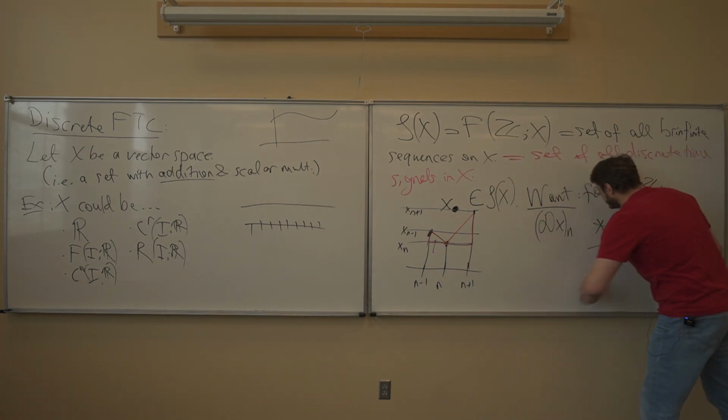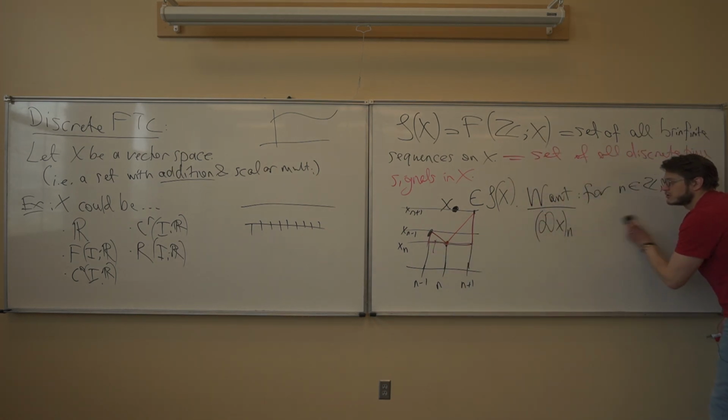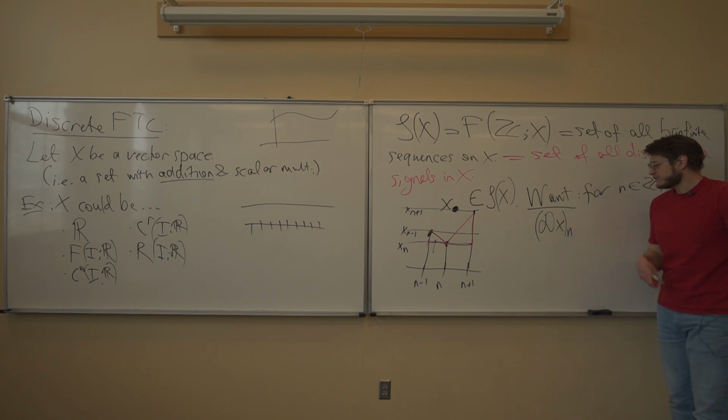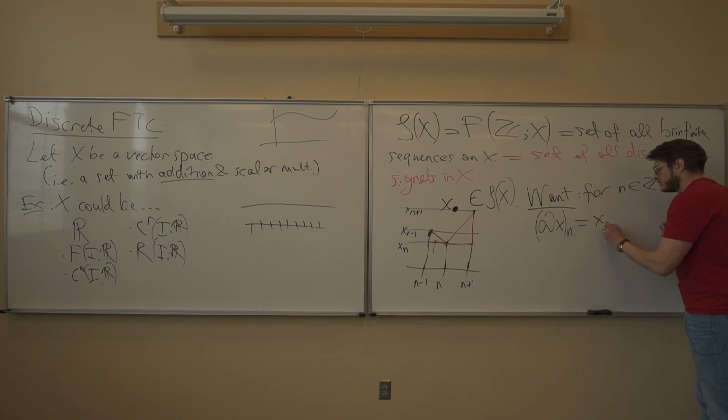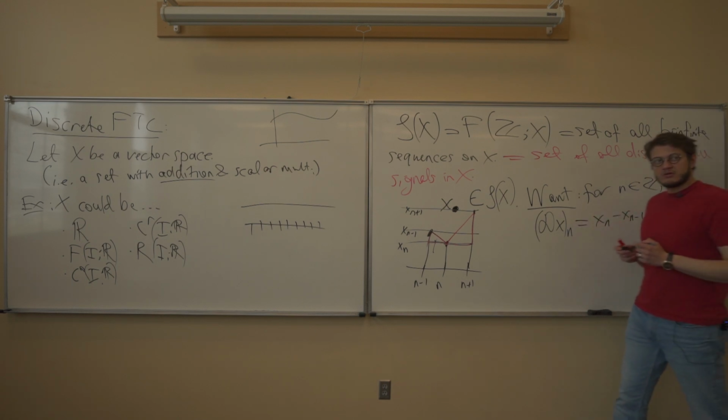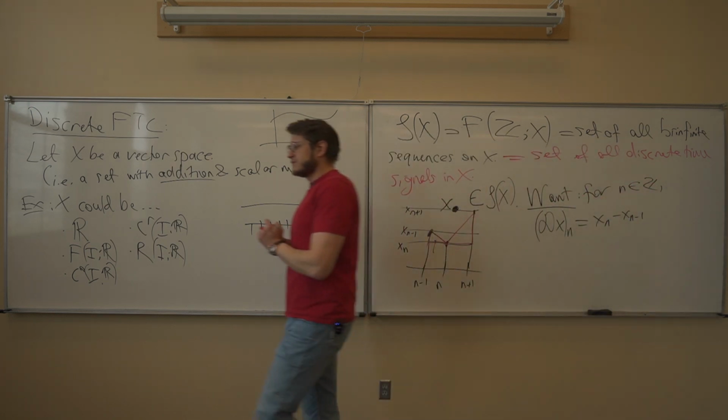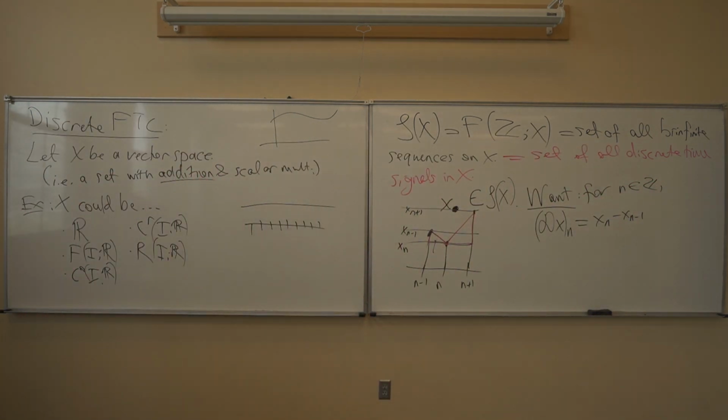So I'm going to define the derivative of the sequence x at n to be nothing but x sub n minus x sub n minus 1. Very simple. No limits, because there's nothing to take the limit over. My input values are discrete. Any questions about this?